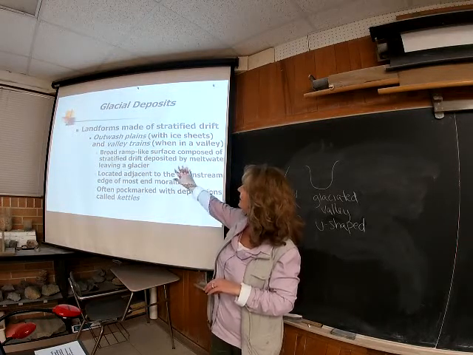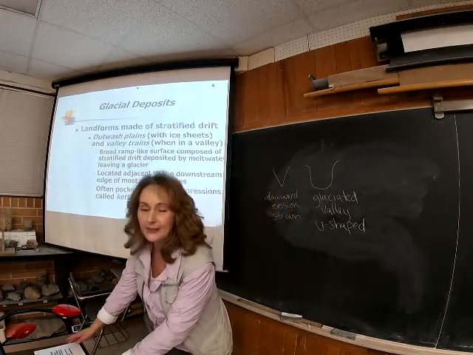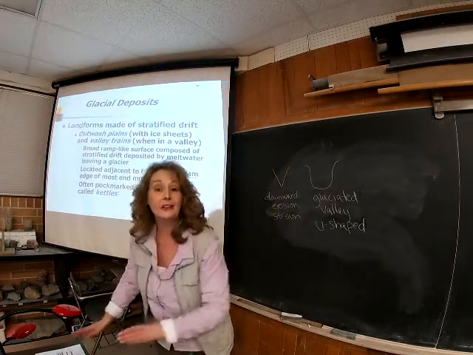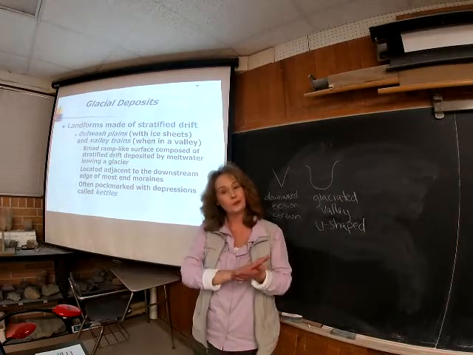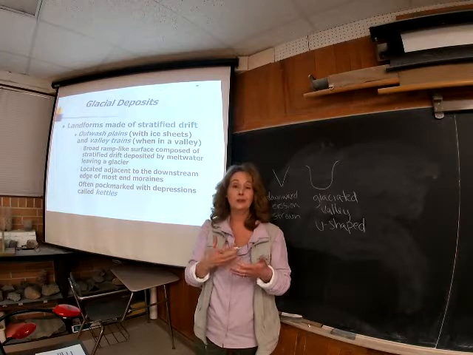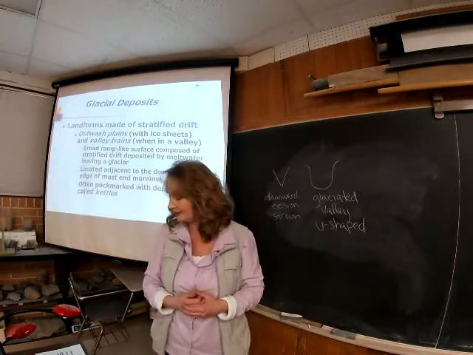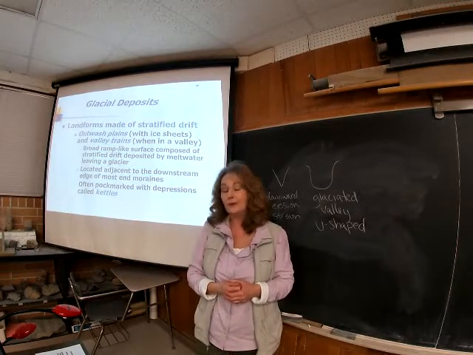But it's a broad, ramp-like surface composed of the stratified drift deposited by the meltwater that's leaving your glacier. So of course, running water, the meltwater, is going to very well sort that material. So they call it stratified drift from the meltwater.